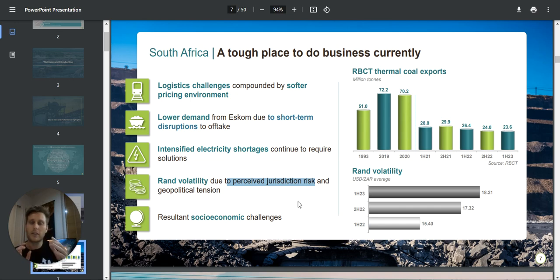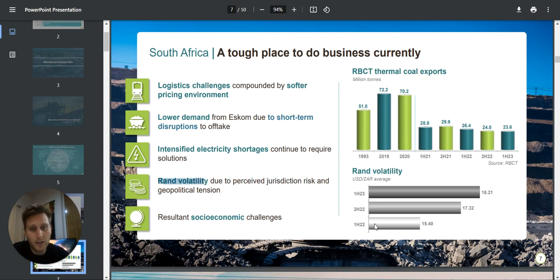So that's the perceived jurisdiction risk. It's the risk premium needed for someone to invest in South Africa, in the stock, in this business. So there's a lot of demand that's been pulled out because people are now taking their capital somewhere else where it's less risky and they can earn a return without any of the volatility.